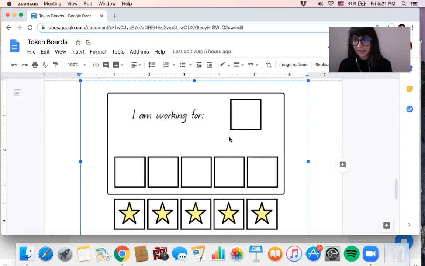These are all completely variable based on your expectations or for what the student needs to achieve. And they can really earn a token for anything that they should be rewarded for. I hope this was helpful for you, and if you have any questions, let me know.